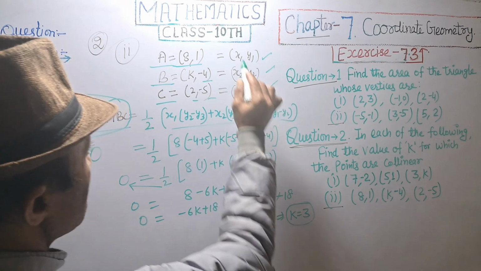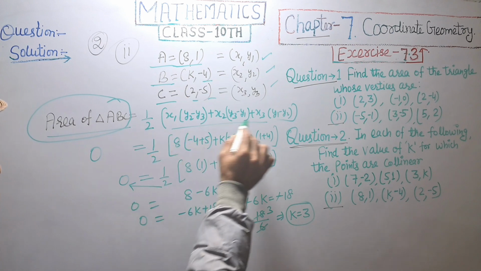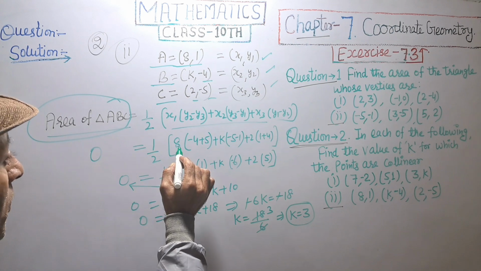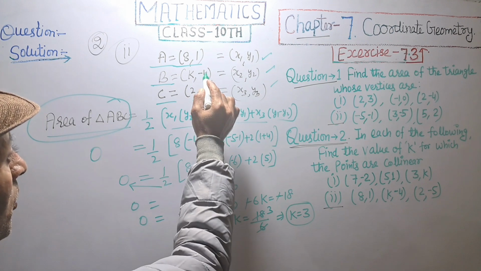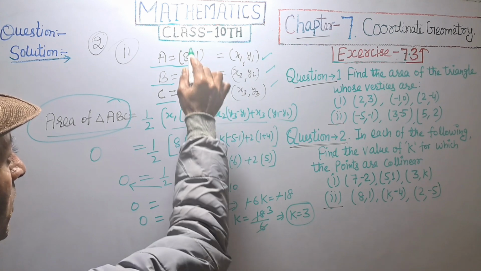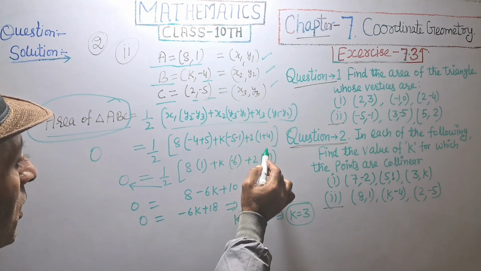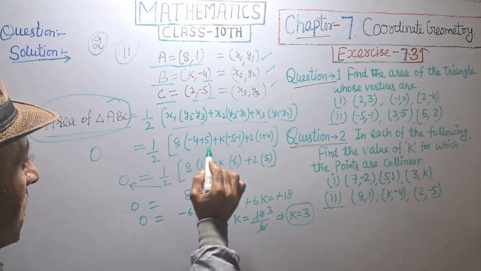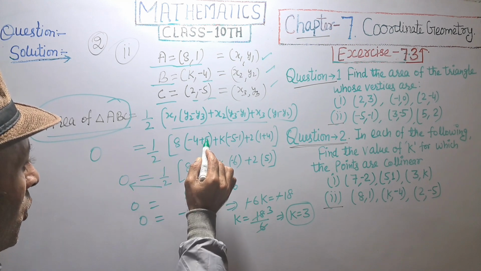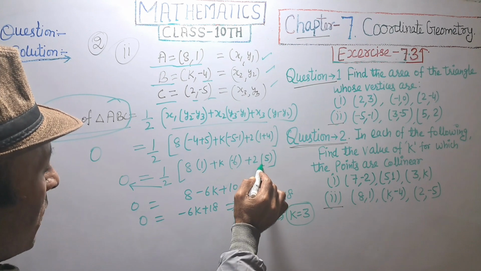Putting the values in this formula, we get half into 8 minus 4 plus 5 plus k minus 5 minus 1 plus 2 1 plus 4, and solving we get 8 into 1 plus k into minus 6 plus 2 into 5.